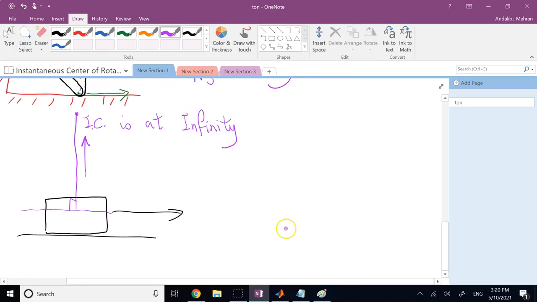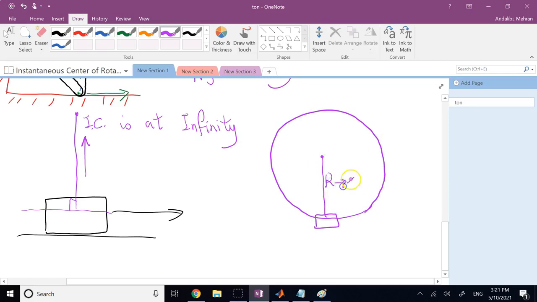Because you can say a translation is similar to what? A rotation, but the radius of this rotation is infinite. So if I have the velocity of this point, it is moving with velocity v, whatever it is. Okay, so let's say I know the velocity of this point v. And the rotation of this object is omega around the center. How much is omega?